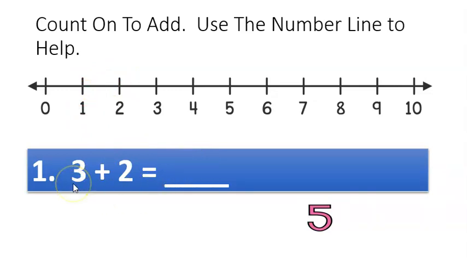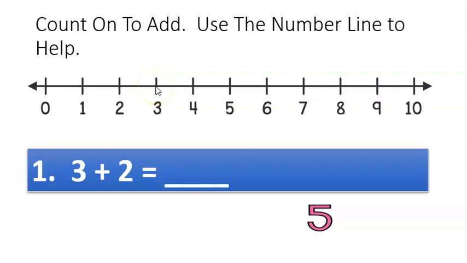Now, the first thing you're going to do, boys and girls, is look here at this first number that's in the front, which is what? 3. Now look, on this number line, you're going to find 3, which is right here. Number 3 is right here. So this is where we're going to start.